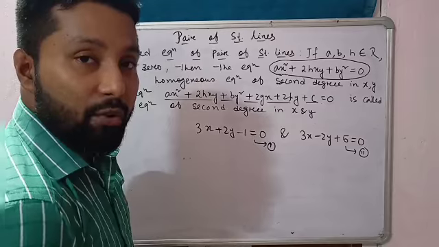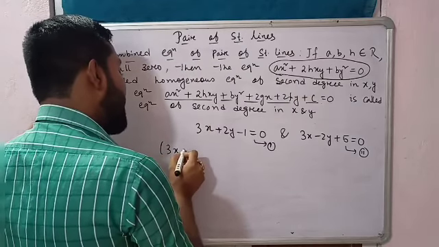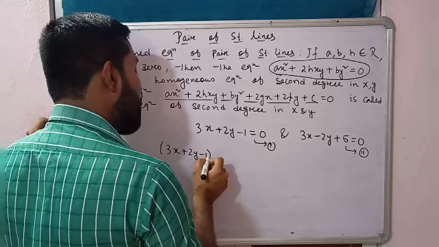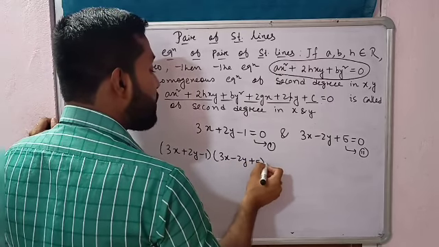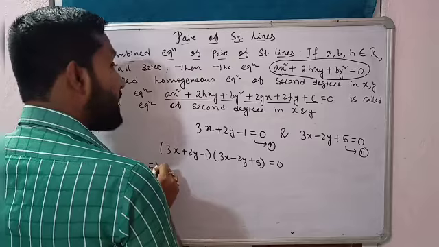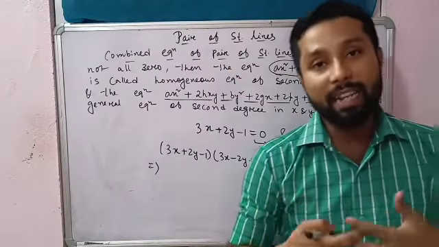Now if I combine these two equations, then see what will happen. 3x plus 2y minus 1 whole into 3x minus 2y plus 5, this is equal to 0, right? कंबाइन तो करना ही पड़ेगा बिकॉज पेयर ऑफ स्ट्रेट लाइन्स तभी मिलेगा जब हम लोग दो लीनियर इक्वेशन को कंबाइन करेंगे.